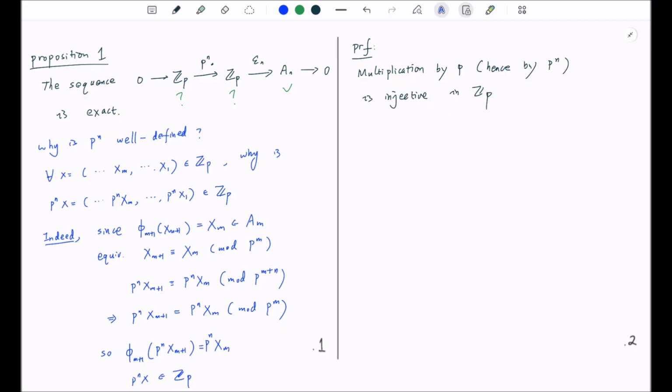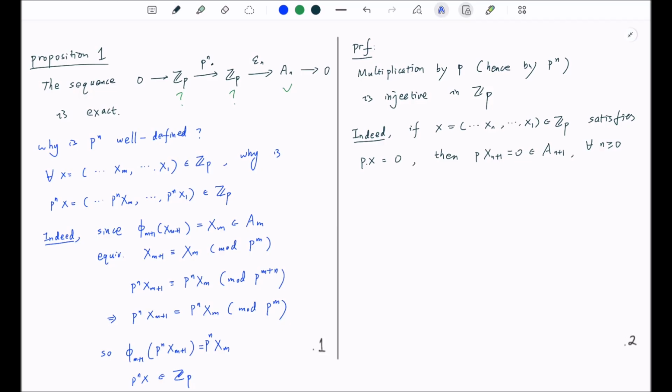So how do we verify this? Indeed, if x is a p-adic integer and satisfies p times x is equal to 0, then p times each component x_(n+1) is equal to 0 in A_(n+1) for any n greater or equal to 0.